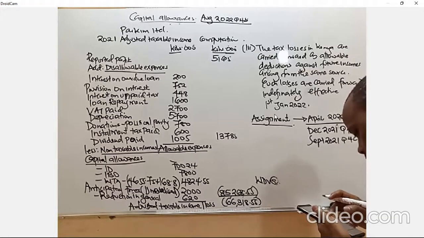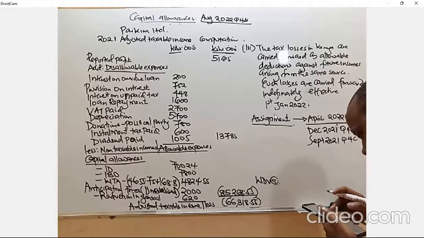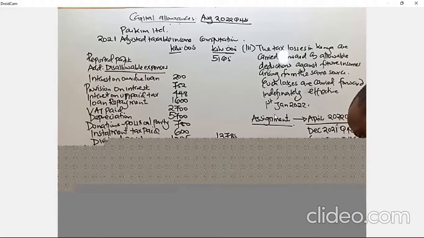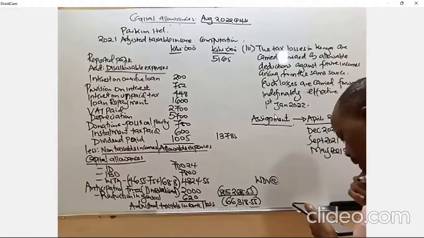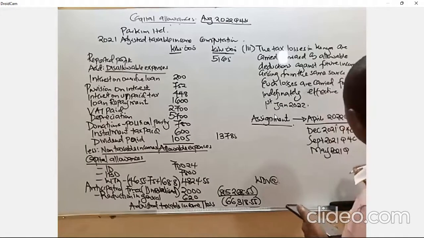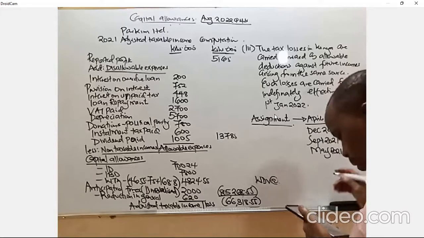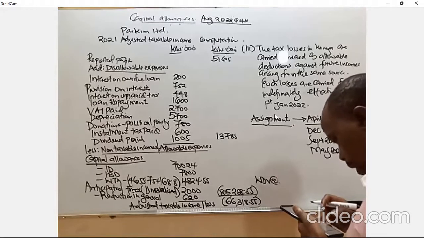We have another question they tested on May. You have May 2021, question number 4B. Question number 4B there.